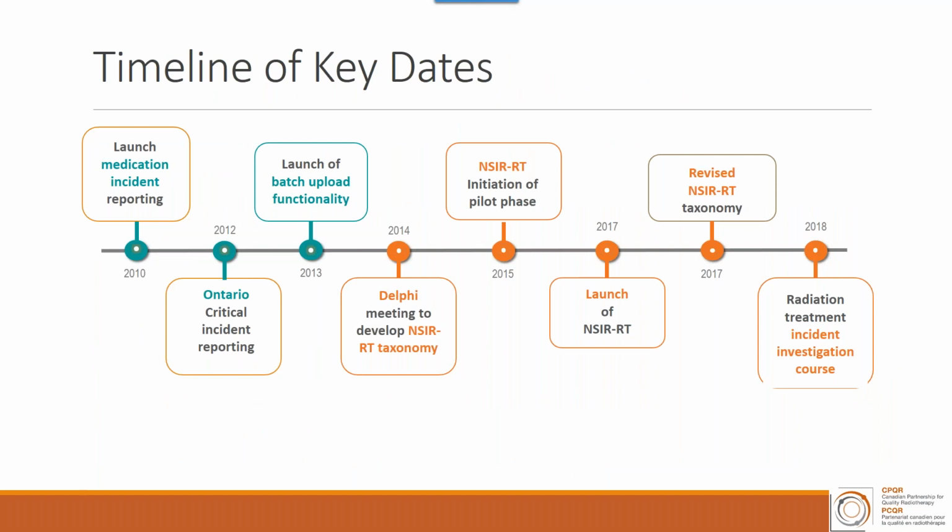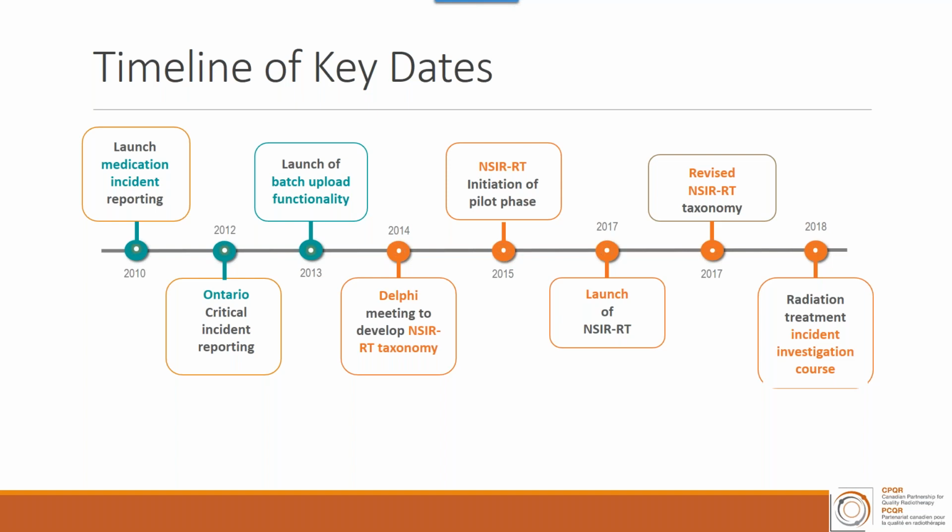So a bit about the timeline. In 2004, CIHI began working on a medication incident reporting system, and we developed, through national collaboration, a data standard and the functionality that was going to be built into the reporting system. We piloted it starting in 2008 and launched in 2010.